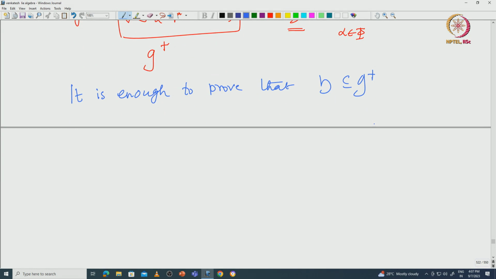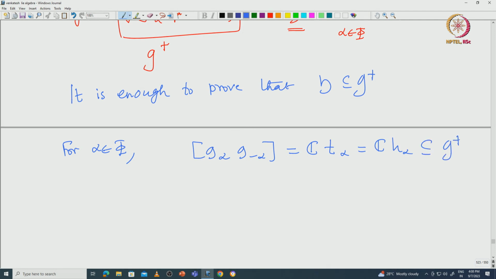So, how does one prove that? We just take all these G alphas and see what happens. For alpha in phi, the bracket [G alpha, G minus alpha] is the one dimensional space C t alpha, which is the same as C h alpha. This lies inside G plus, and this is true for all alpha in phi. So, the summation of C t alpha, alpha in phi, is a subspace of G plus.